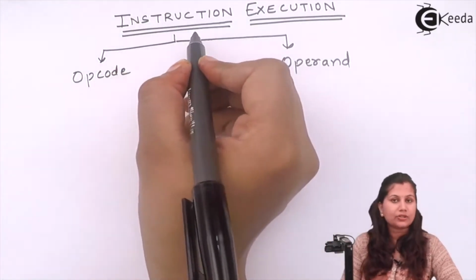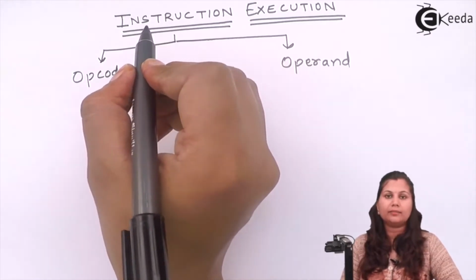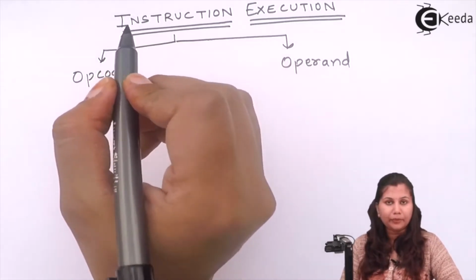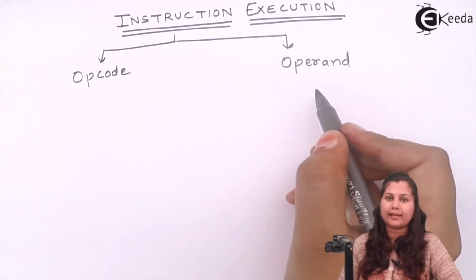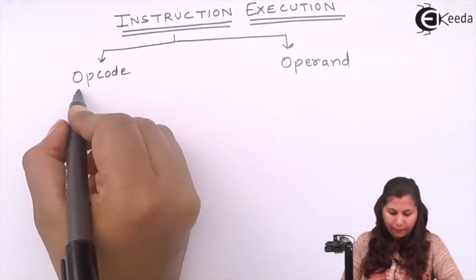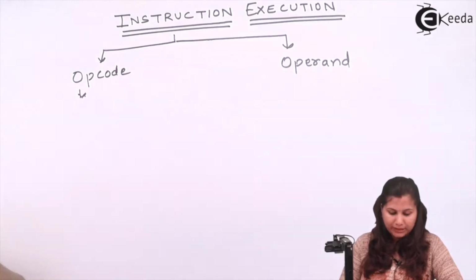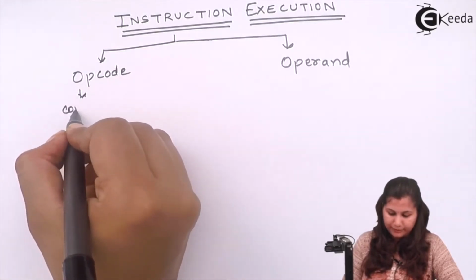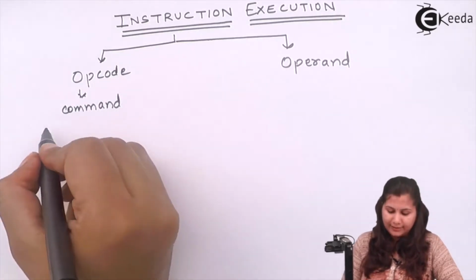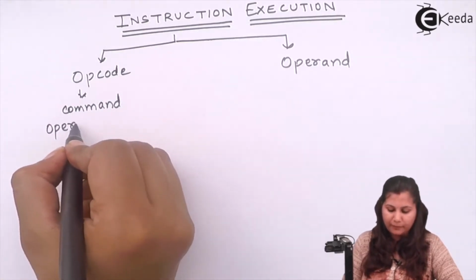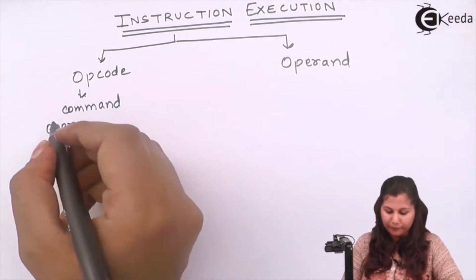Any instruction which is written in the program will have two parts. First is opcode and second is operand. Opcode means it is a command, or we can say it is the operation which the microprocessor is going to perform.